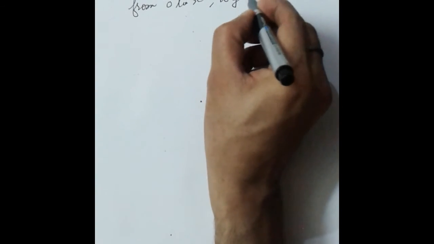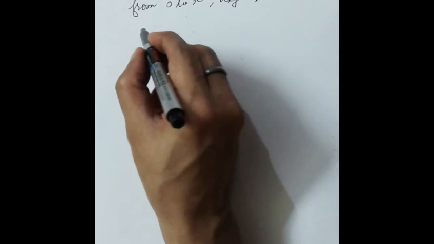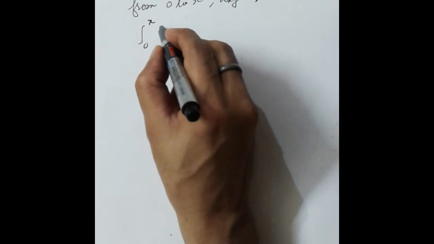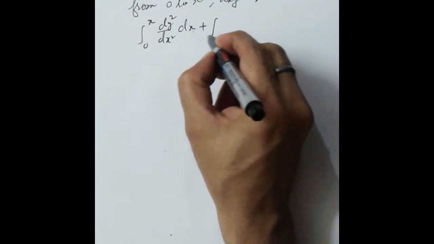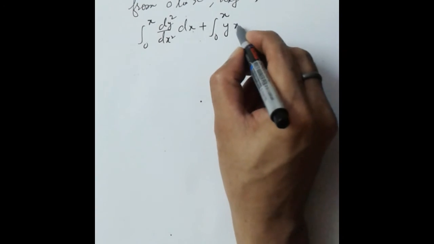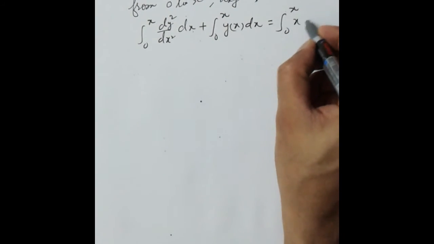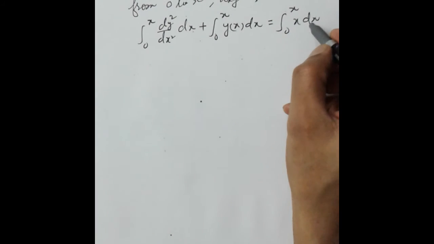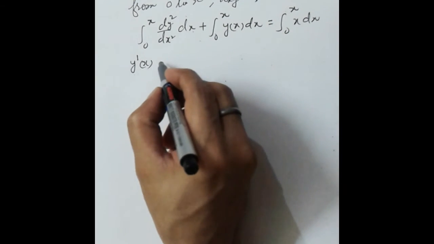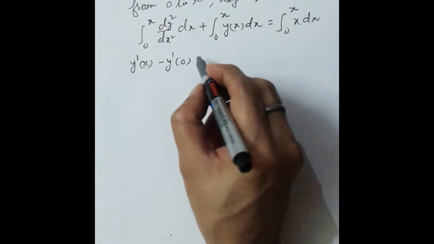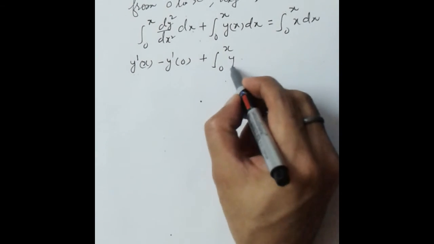We get the integral from 0 to x of d²y/dx² dx plus the integral from 0 to x of y(x) dx equal to the integral from 0 to x of x dx, or y'(x) - y'(0) plus the integral from 0 to x of y(x) dx.